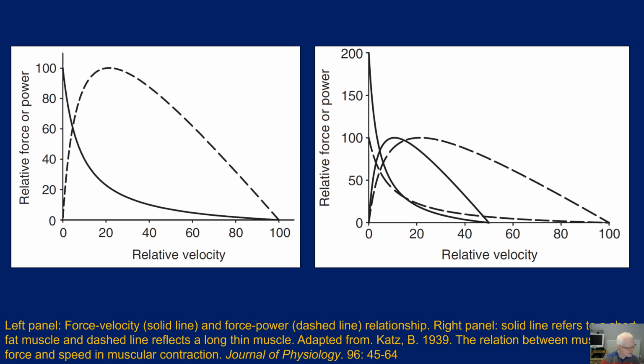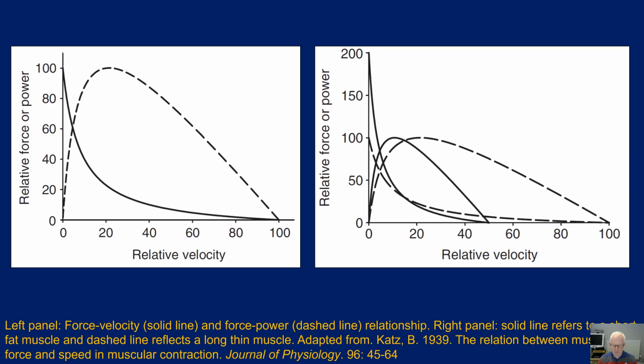If the velocity of shortening is slow, then the power has to be low. If the velocity of shortening is really high, then the amount of force we are producing is low. So power sits very much in the middle of that relationship.